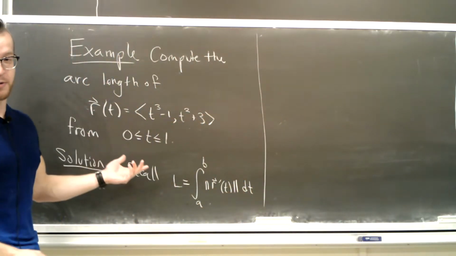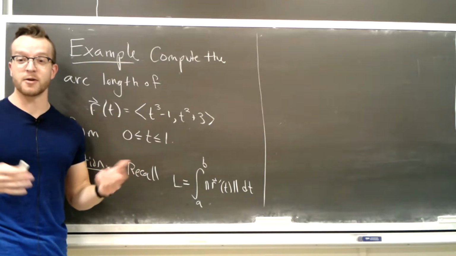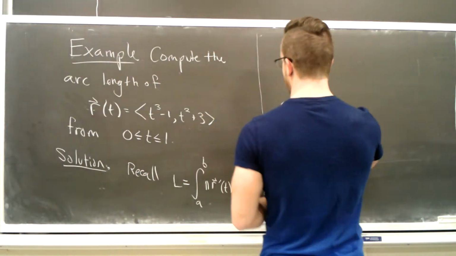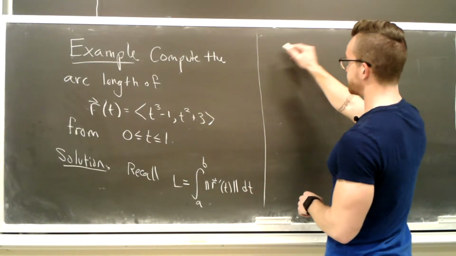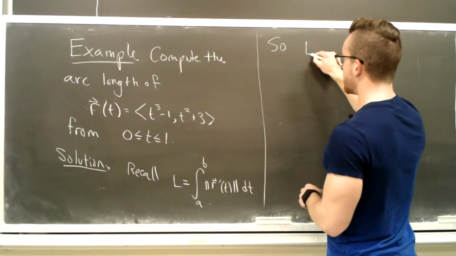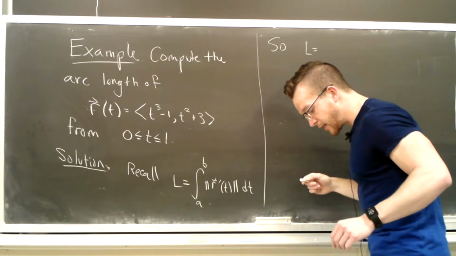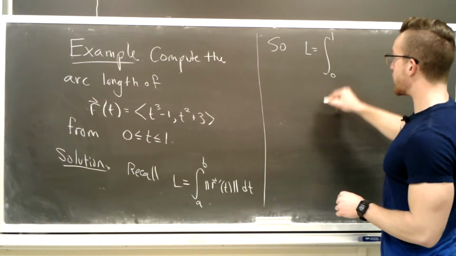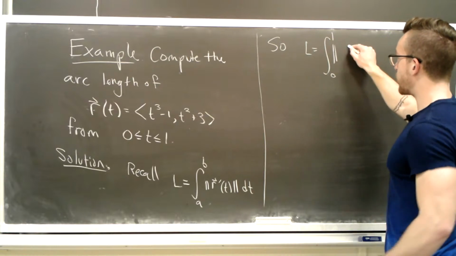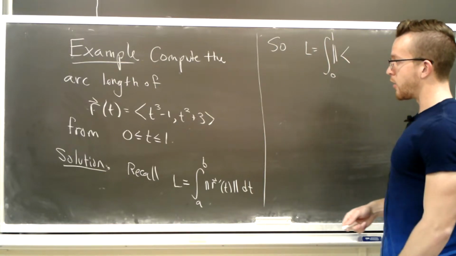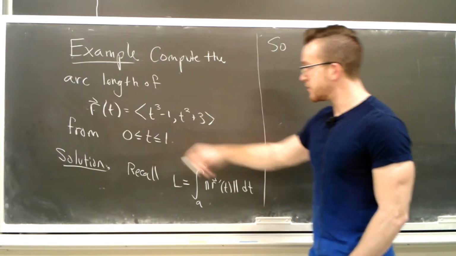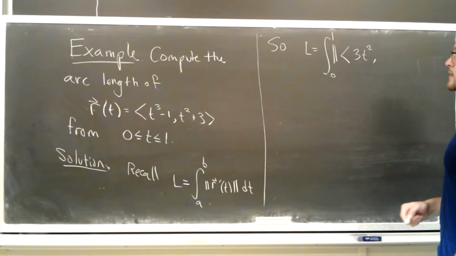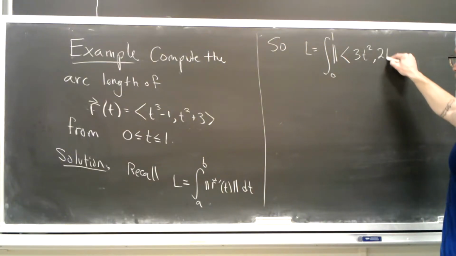An arc length problem like this is just a matter of setting up an integral and doing the integration. The arc length that we care about is going to be the integral from 0 to 1 of the norm of r prime of t, which in this case is the vector 3t squared, 2t.